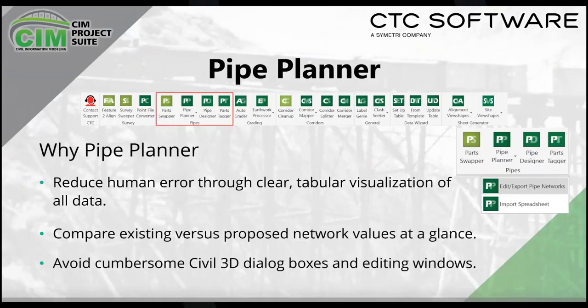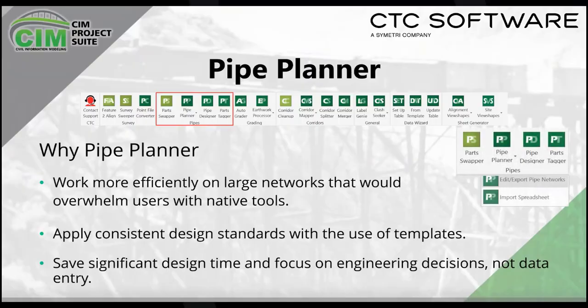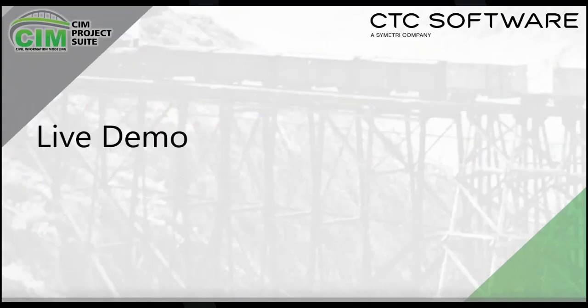In the end, it's really going to avoid all that cumbersome click and edit going through the properties dialog boxes that I think we've all done before. It can be really time consuming. So with that, let's jump into the tool and see how it works.